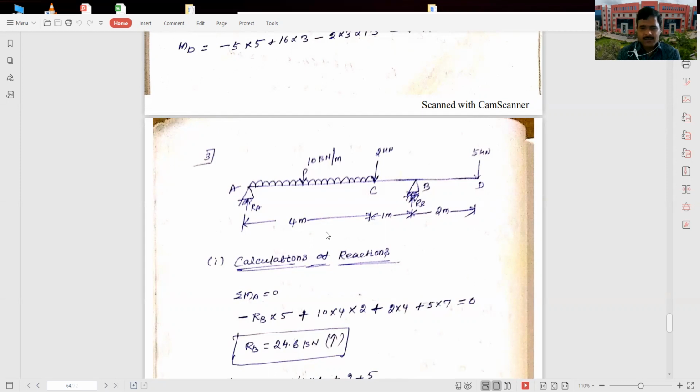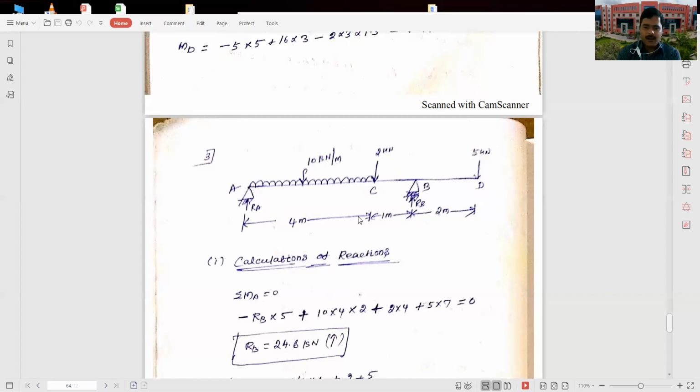So you need to calculate the reactions as well as the load. If you add, you will get the shear force, and load into distance, you will get the bending moment. Bending moment is nothing but the algebraic sum of all the moments acting on either the left side or right side of the section. How can you calculate the moment? Load into distance.